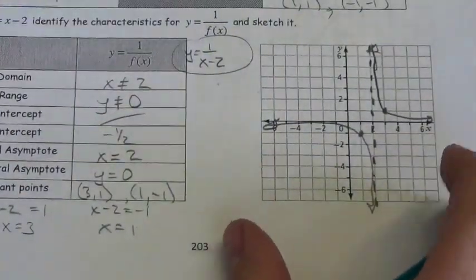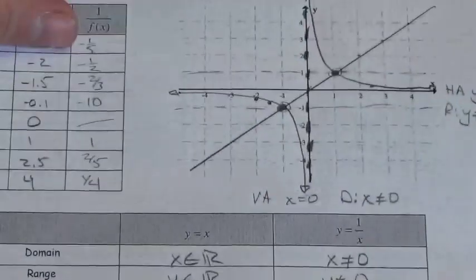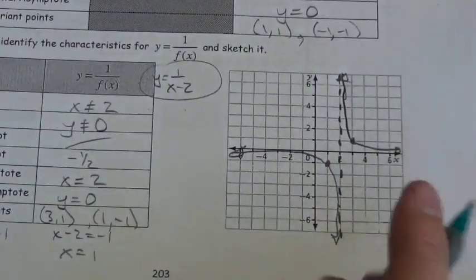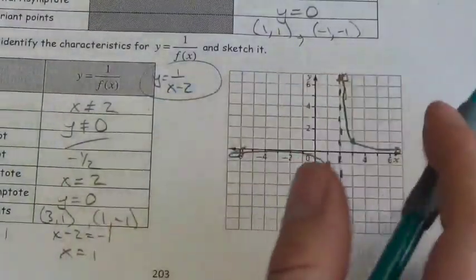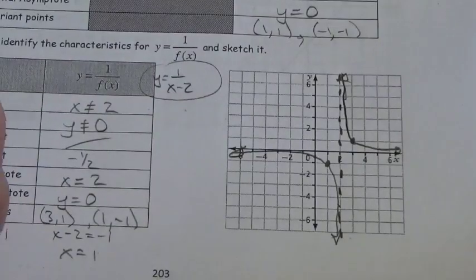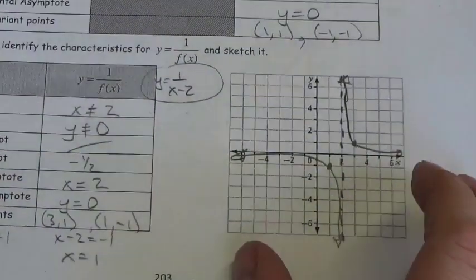That's what it's got to look like here. Now, notice it's basically the same graph, and that's because we are reciprocating a linear function. That's typically what it's going to look like when you reciprocate a linear function. So you can almost predict the behavior there.